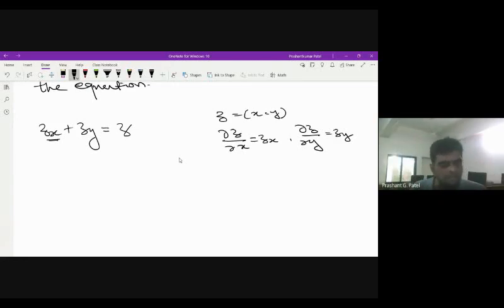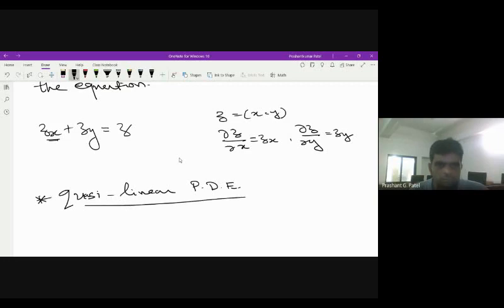Now there is a classification of first order partial differential equations. The first one is the quasi-linear PDE.